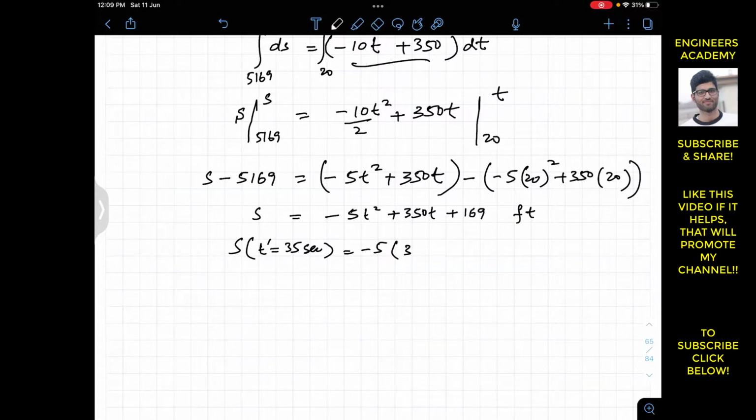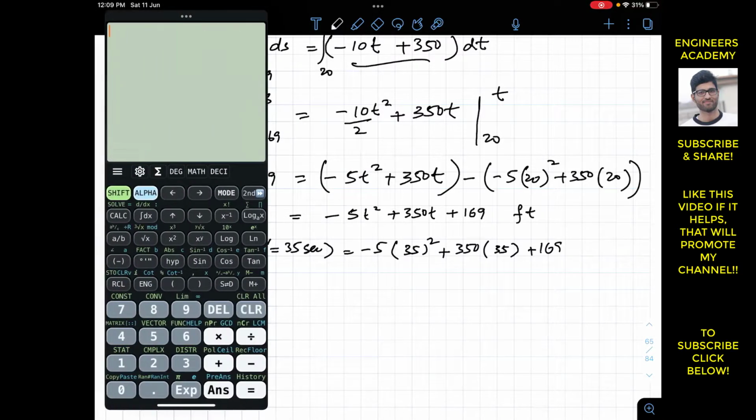So now put t equals 35 in this equation. So this is minus 5 into 35 square plus 350 into 35 plus 169. So this gives us 6294 feet.